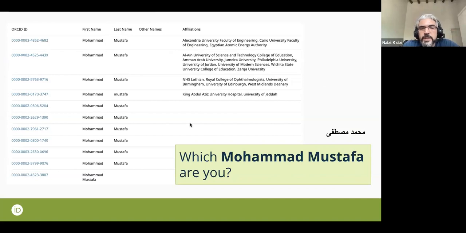So this is really to show that even in the ORCID registry, you can find this similarity of names, and the only differentiator is the ORCID record.